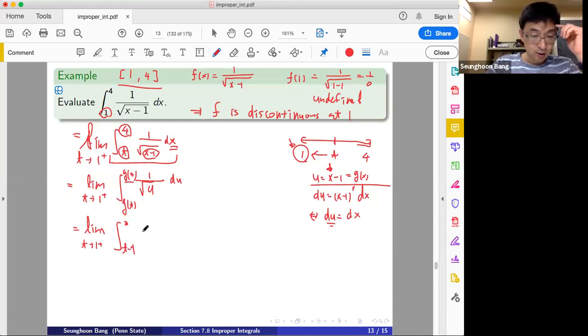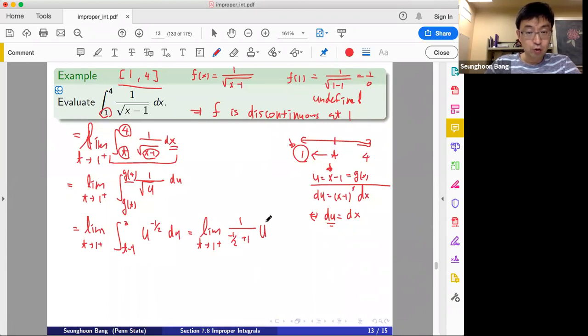This one is u to the negative 1 half du, changed to power form. We have the limit as t approaches 1 from the right, and the antiderivative is 1 over negative 1 over 2 plus 1 times u to the negative 1 over 2 plus 1, from t minus 1 to 3.